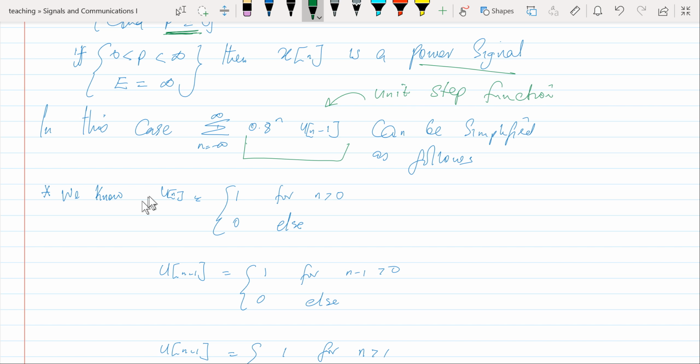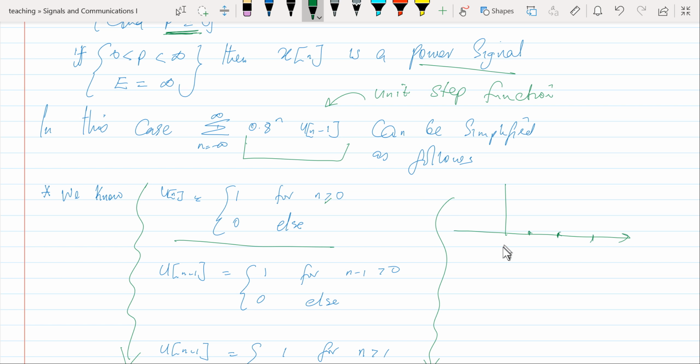So what I have simply done is to evaluate the significance of the unit step function. The first thing we know about the unit step function is that it is defined as follows: it is equal to 1 for n greater than or equal to 0, and it is 0 otherwise. So the signal characterized by the unit step is represented as follows.